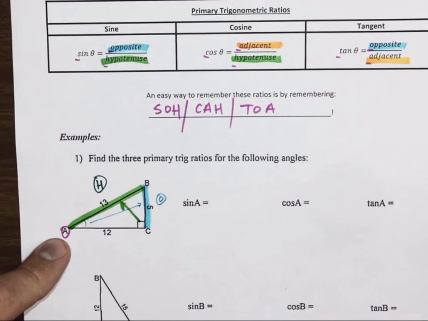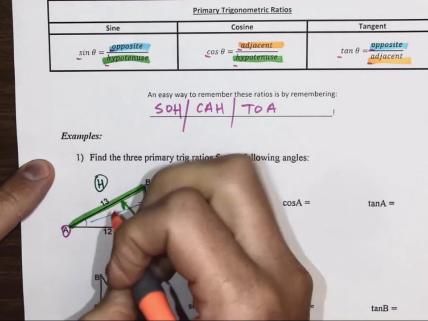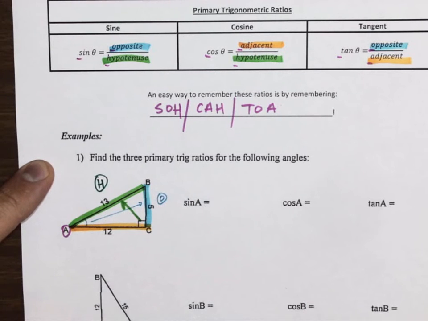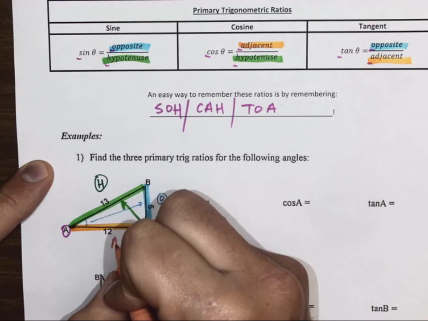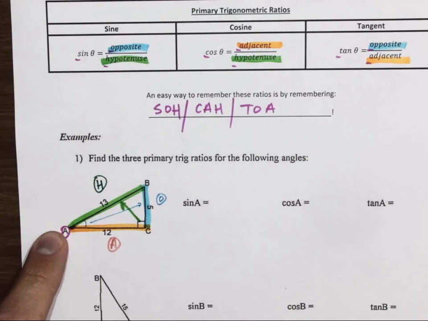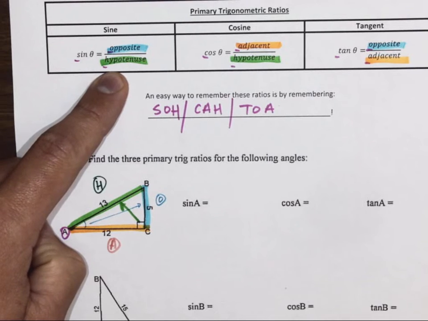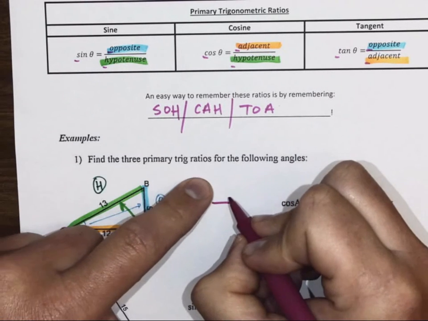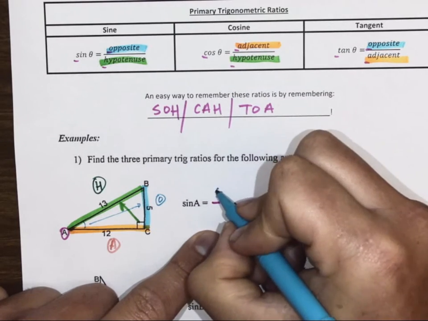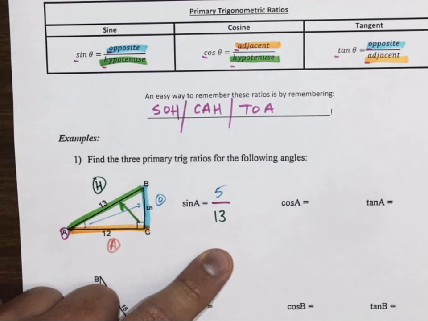And then from my angle, the corner I'm looking at, specifically A, to the 90 is my adjacent. So sine of A is going to be opposite over hypotenuse. So specifically, it's going to be 5 over 13.